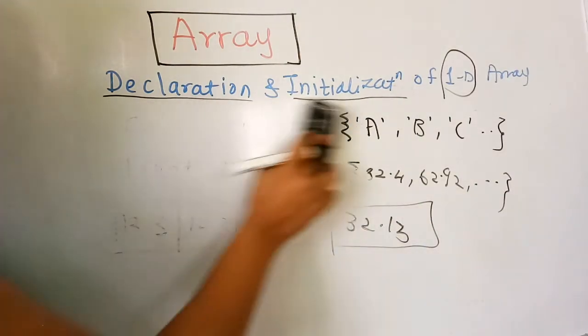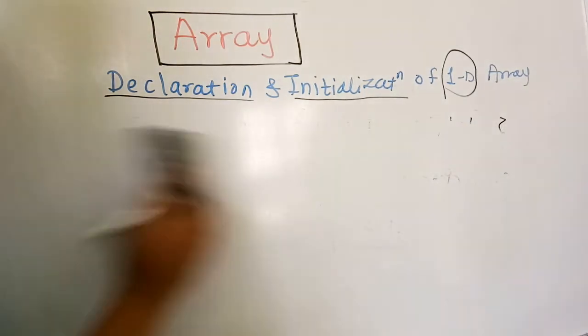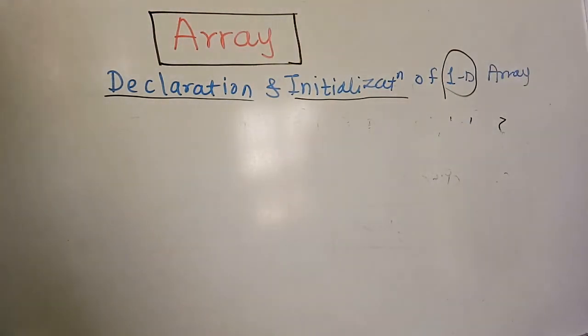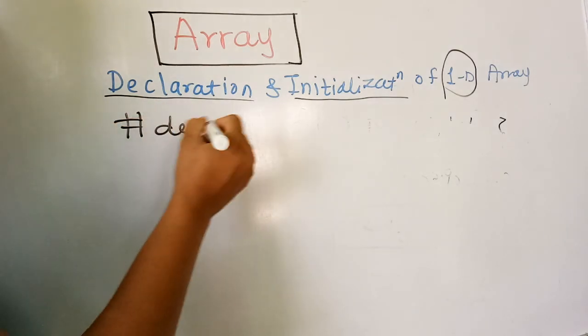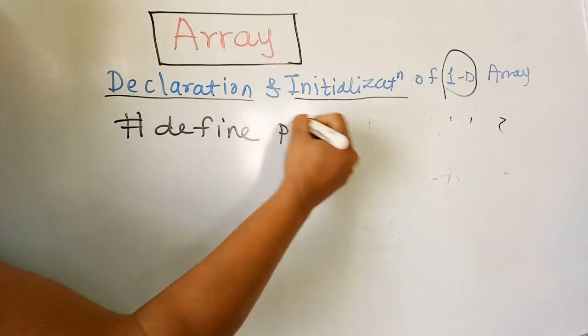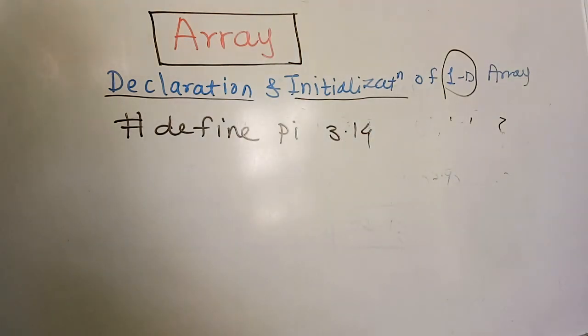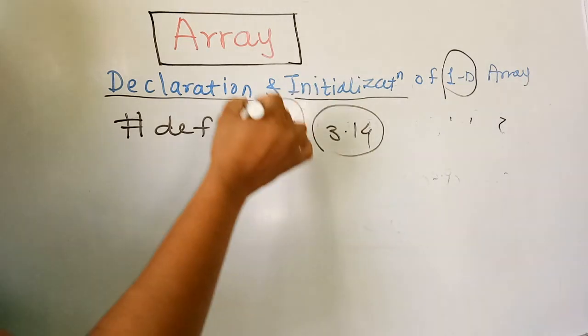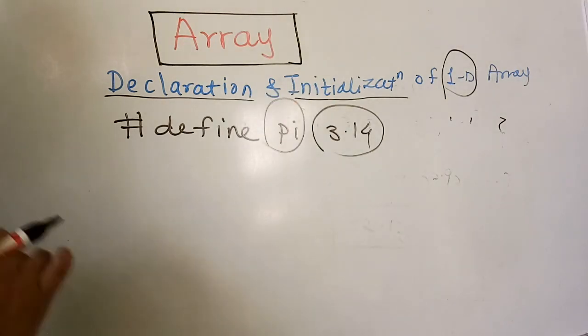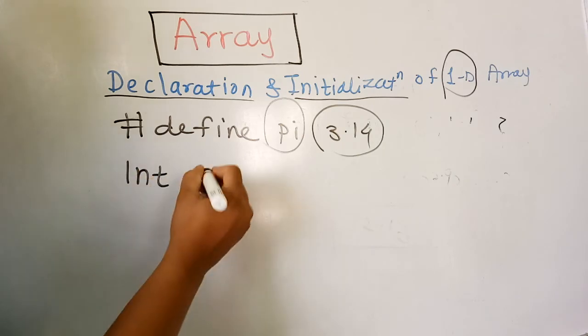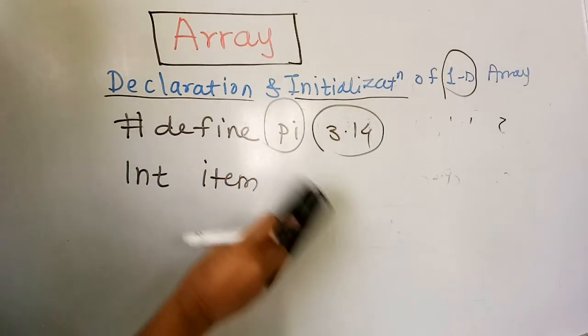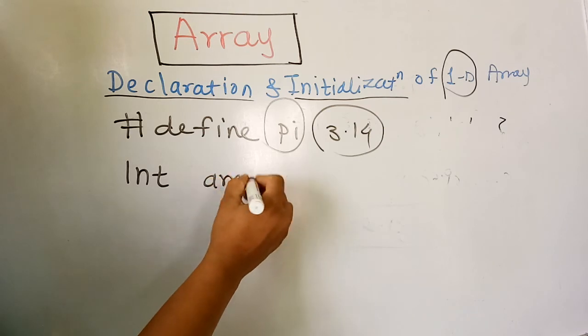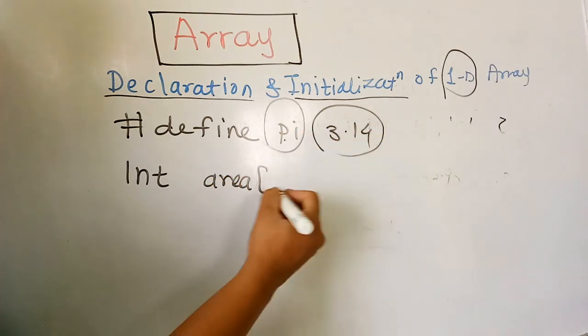Now there are some terms related to array mechanisms. We have used the symbolic constant, for example, #define PI 3.14. These symbolic constant values can also be used in the array. For example, an integer type area variable using PI 3.14.